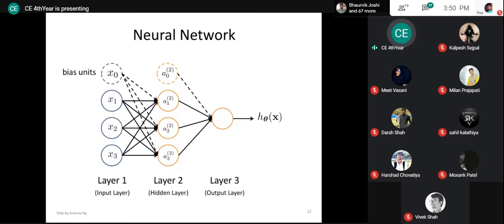So once again, let me repeat the question. Whenever I say W1, or you can say theta 1, what do you mean by that theta 1, the weight 1? Is it the weight between x1 and a1 or x1 and a2 or x1 and a3?